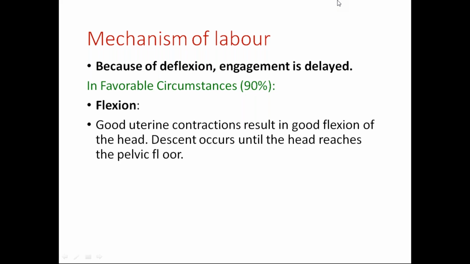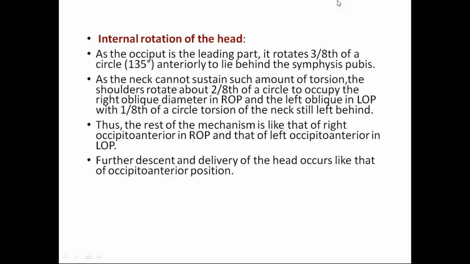The mechanism is the same. That is again the engagement, flexion, descent, more flexion, internal rotation. Internal rotation, I told you, will be 3/8 of a circle. Lying behind the symphysis pubis, the neck cannot sustain the pressure, so along with that, the shoulder also rotates. If the head is rotating 3/8 of a circle, the shoulder will rotate 1/8 of a circle.